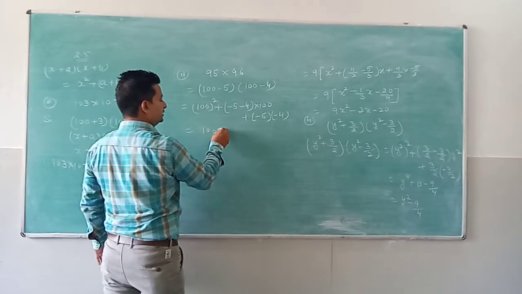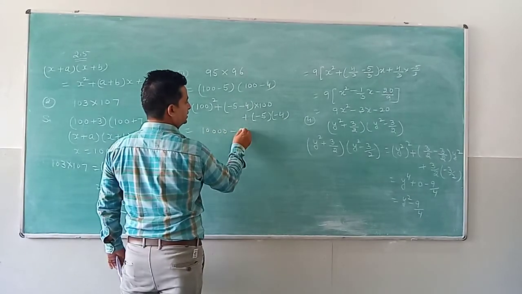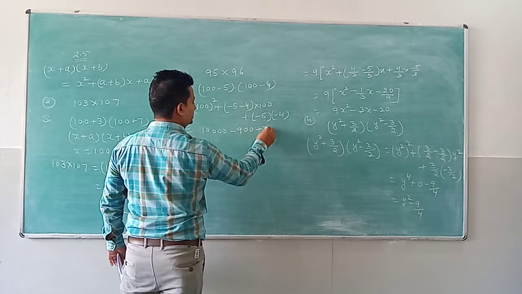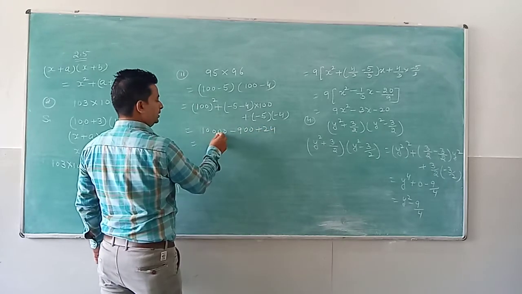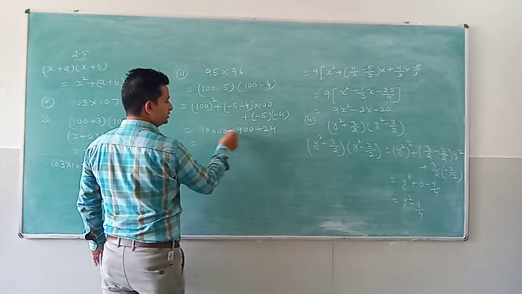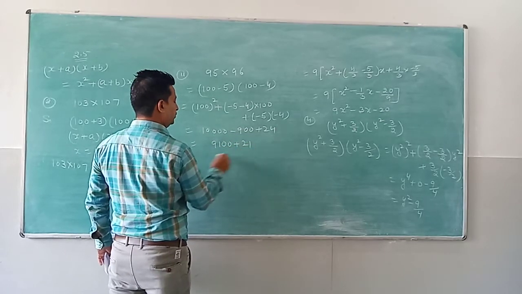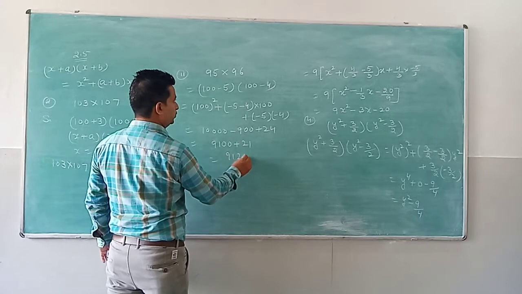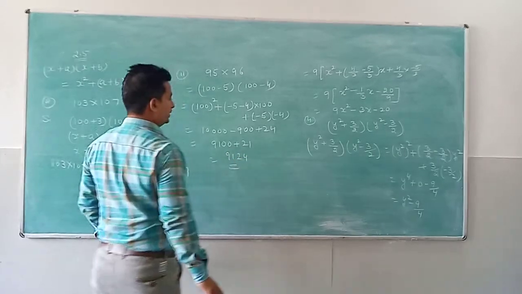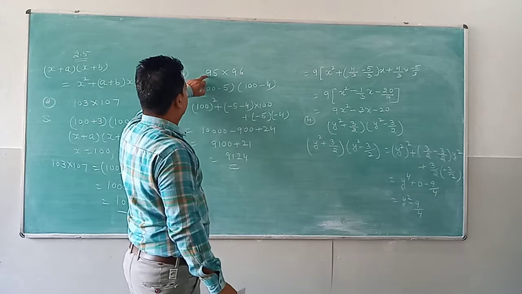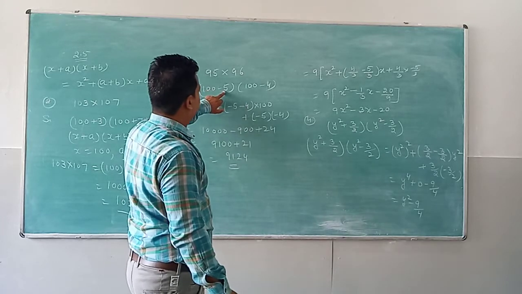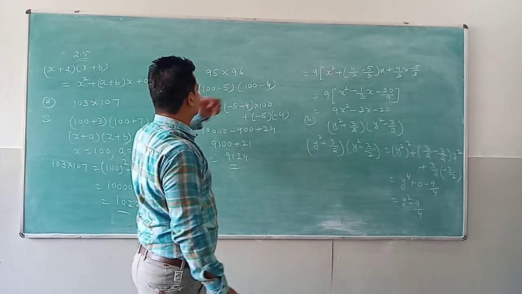This becomes 10,000, minus 900, plus 20. 9120 is the product.